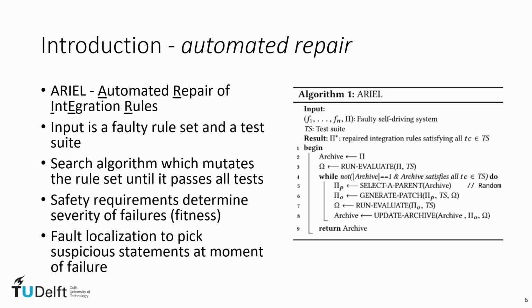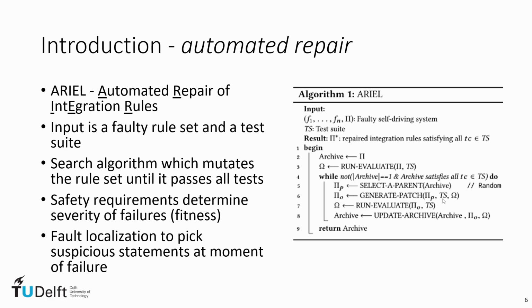If we look at the pseudocode of ARIAL, you can see that it begins by initializing the elitist archive. It will then evaluate the original faulty rule set and record its fitness values, then add it to the archive. And while any mutant in the archive is not satisfying all the test cases in the test suite, so not passing all of them, it will randomly select a parent from the archive.